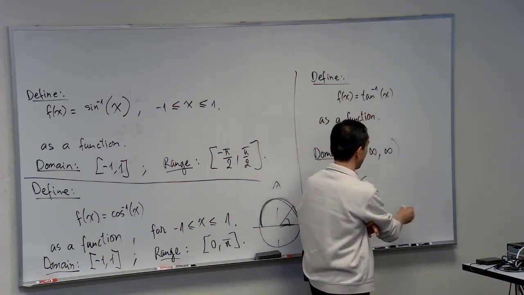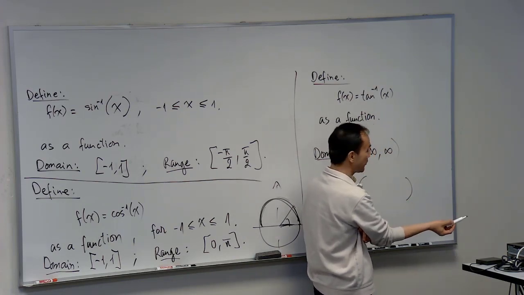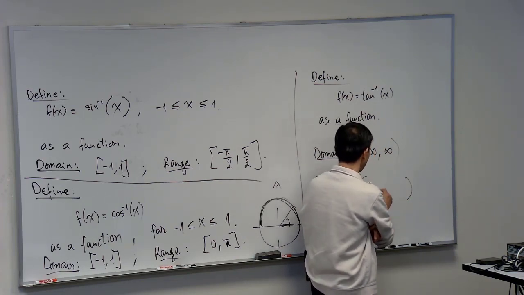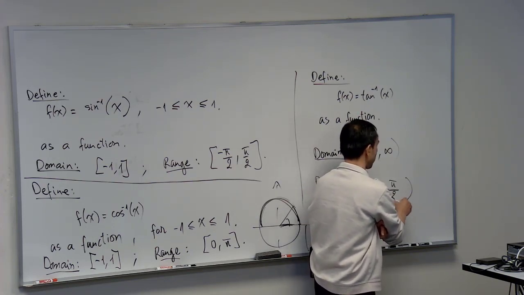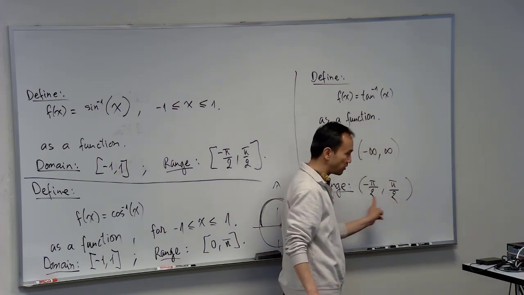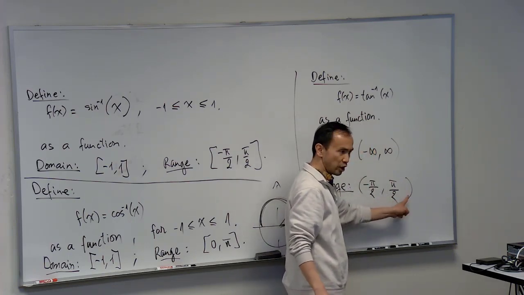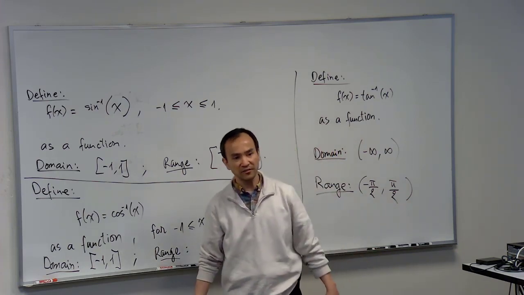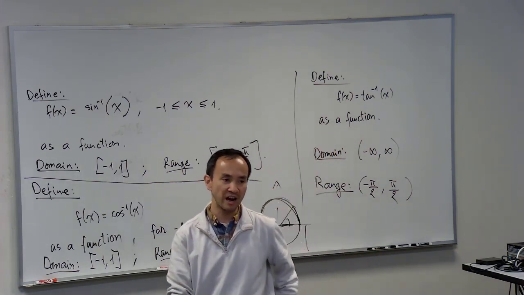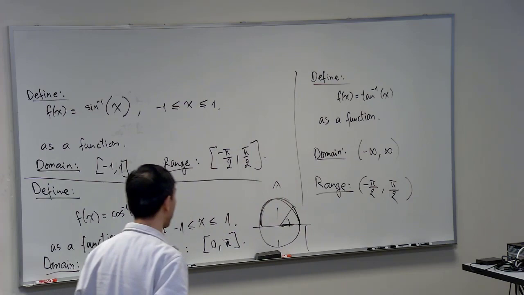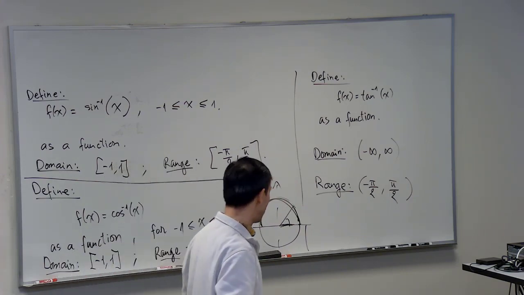By convention, we only come out with an angle strictly between minus pi over 2 and pi over 2. It's an open interval, not even including those two points. So we won't come out with angles precisely negative pi over 2 or pi over 2.